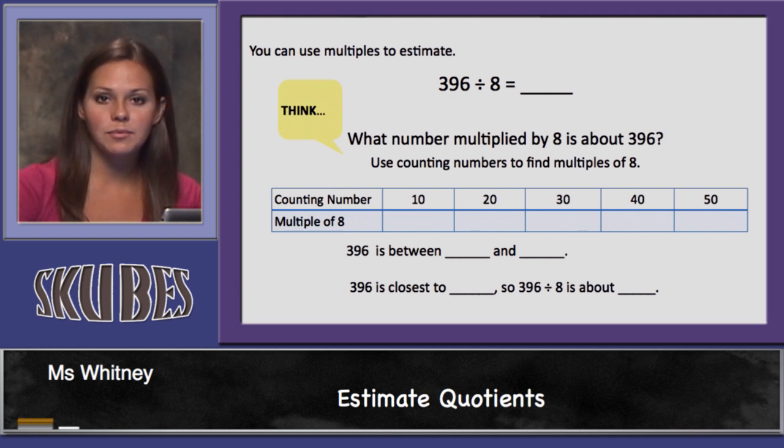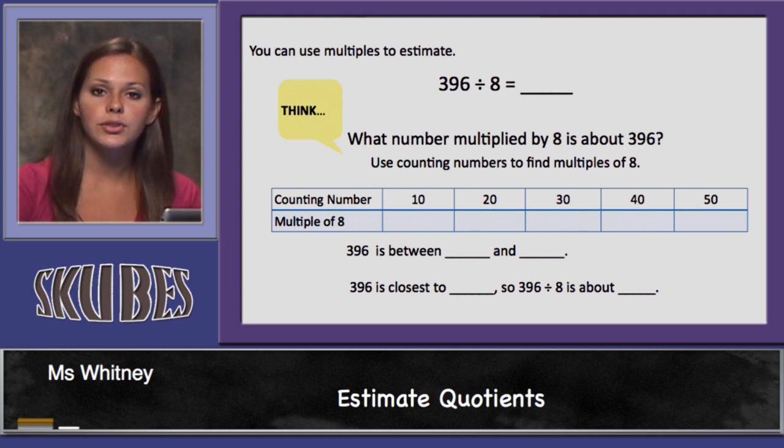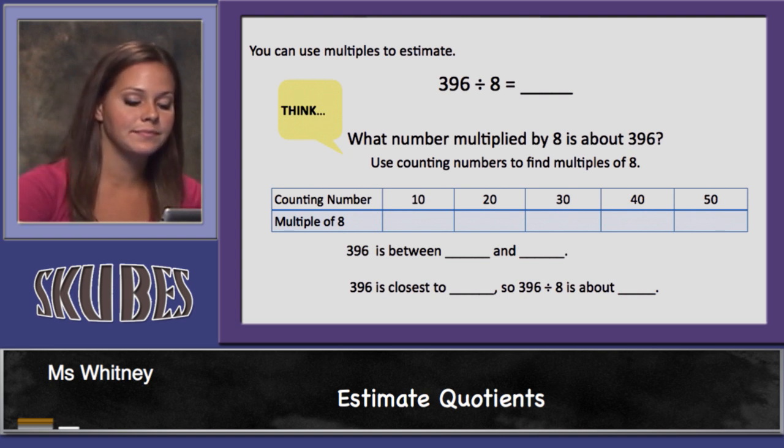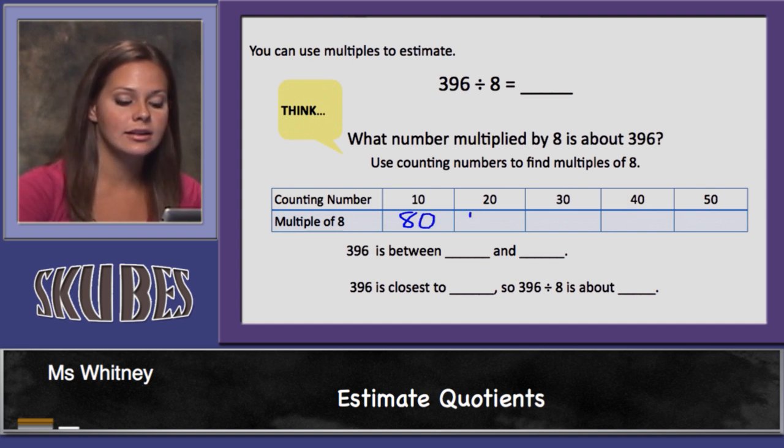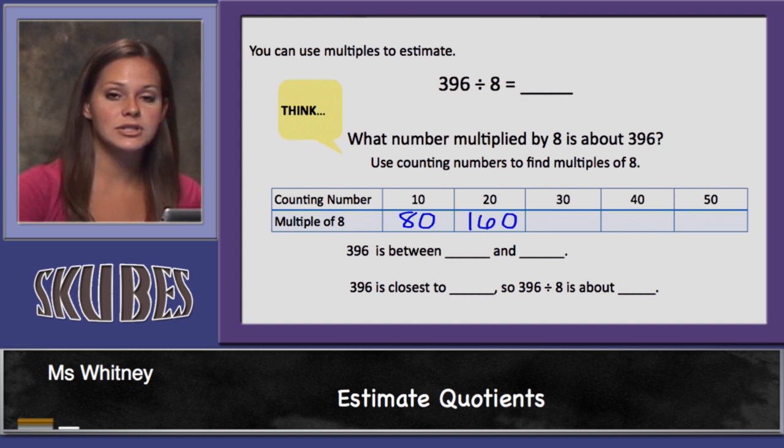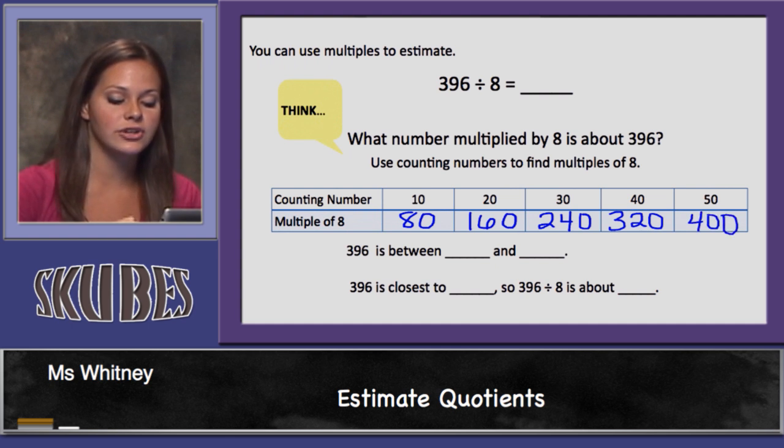We're going to use the counting numbers 10, 20, 30, 40, and 50 to find multiples of 8. 8 times 10 is 80. 8 times 20 is 160. 8 times 30 is 240. 8 times 40 is 320. And 8 times 50 is 400.